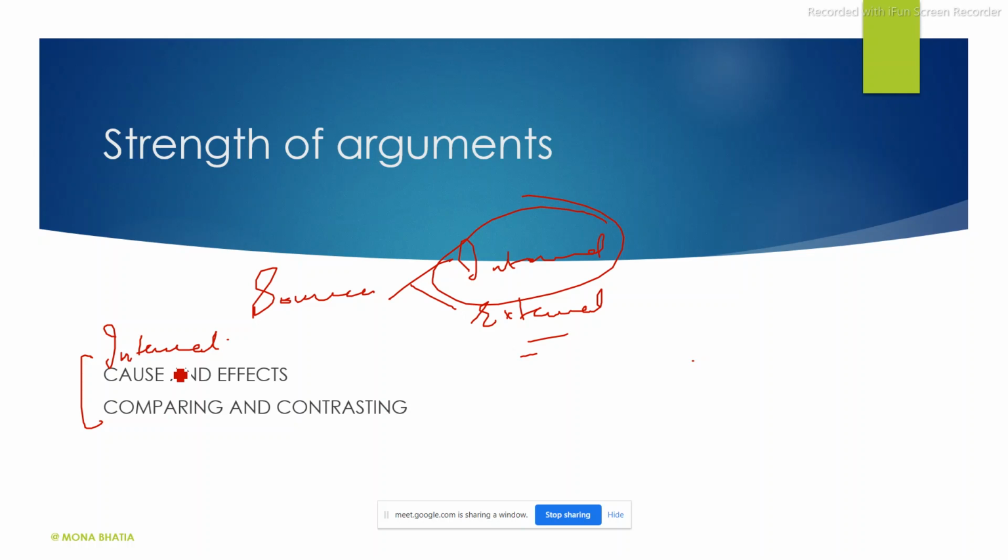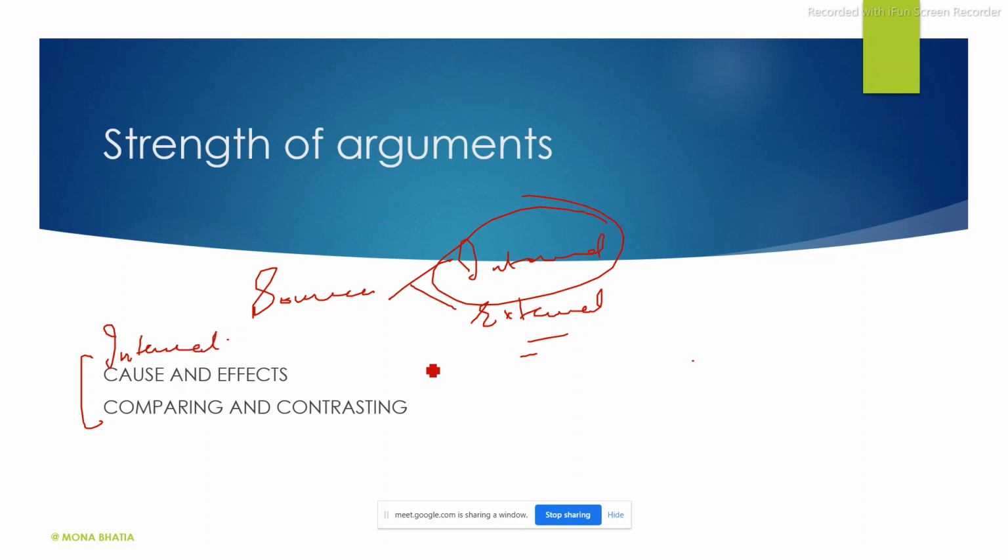So comparing and contrasting arguments are used where the motive is to make a comparative judgment, and neither to prove that something is good, nor to prove that something is bad, nor to offer a solution. So these are very important points. Got it?